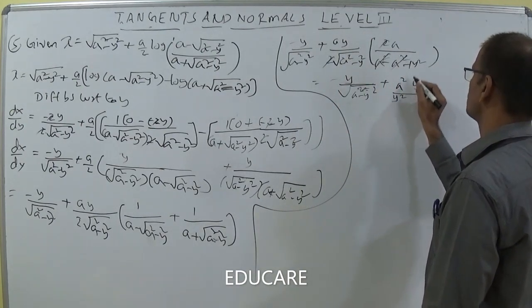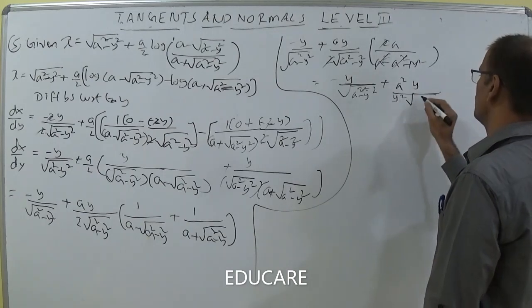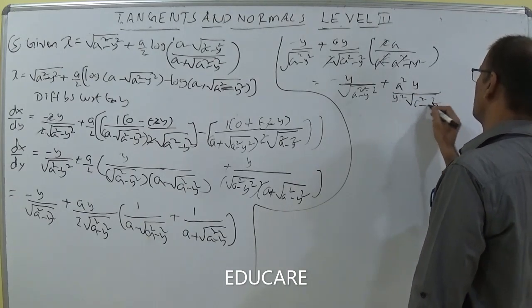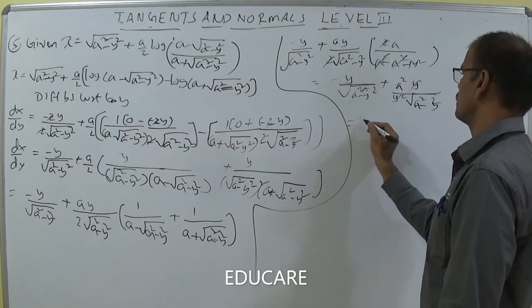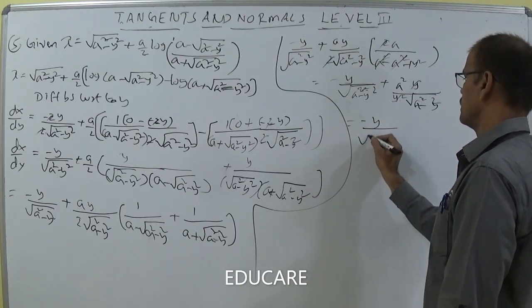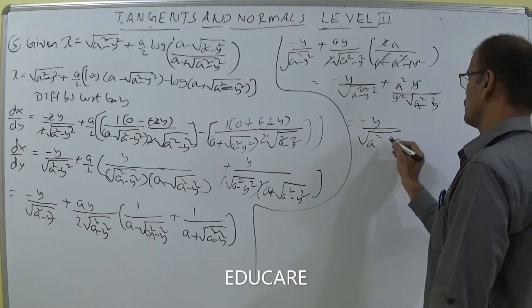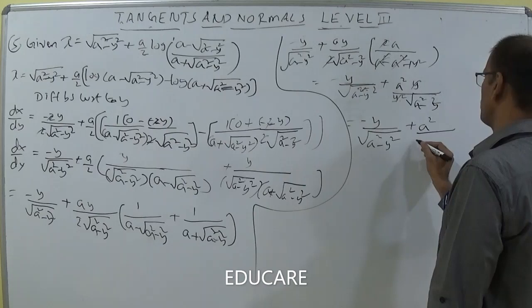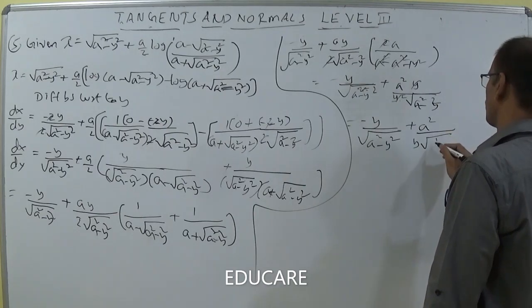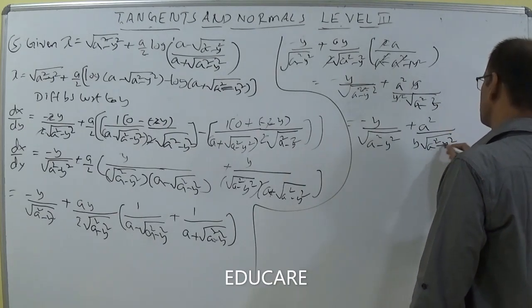So y gets cancelled easily, y square is there by a square minus y square. Here the y square terms get cancelled, that is equal to minus y by root of a square minus y square plus a square by y root of a square minus y square.